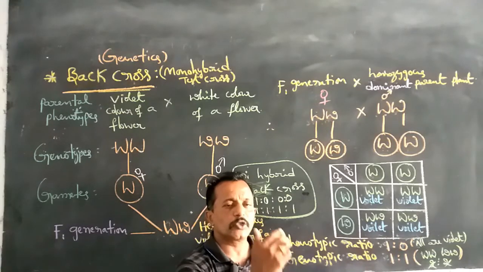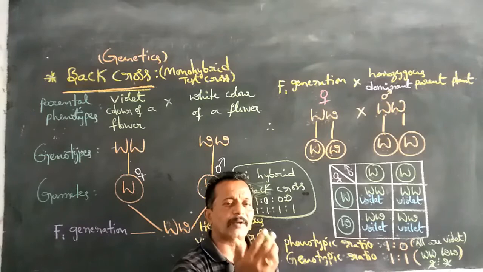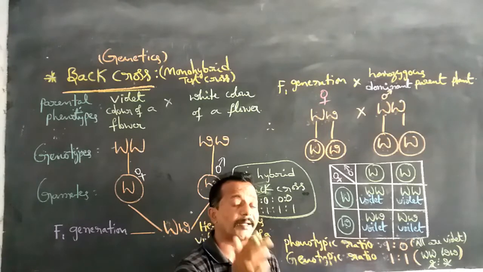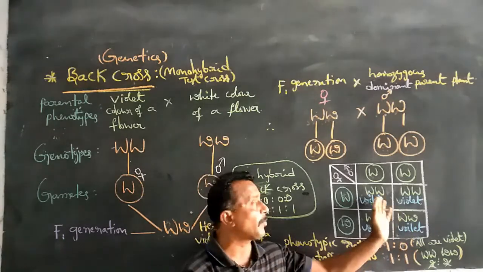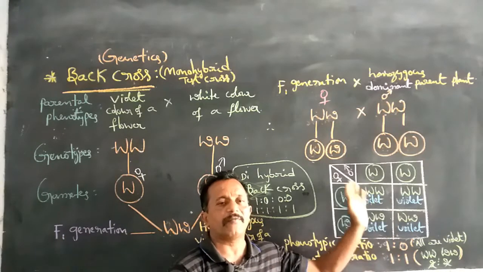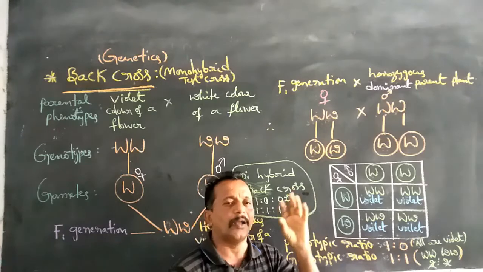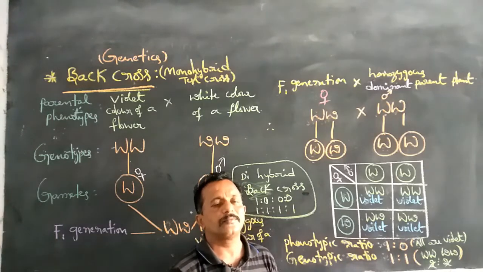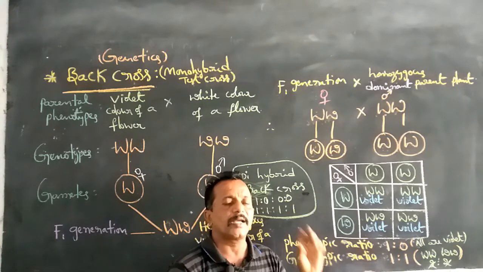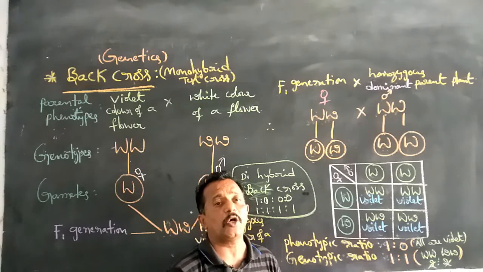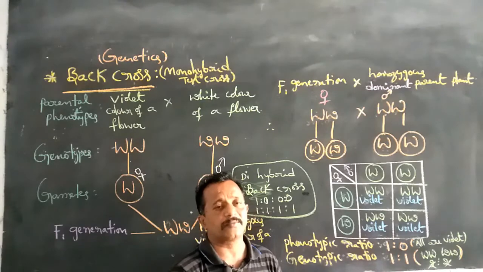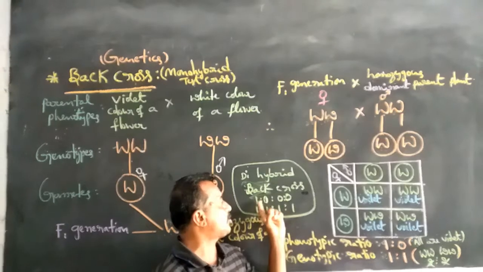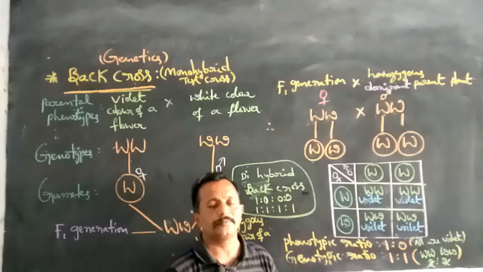Now, capital R small r capital Y small y is crossed with capital R capital R capital Y capital Y, and in the F2 generation, phenotypically all are yellow round seeds. The phenotypic ratio is 1:0:0:0.